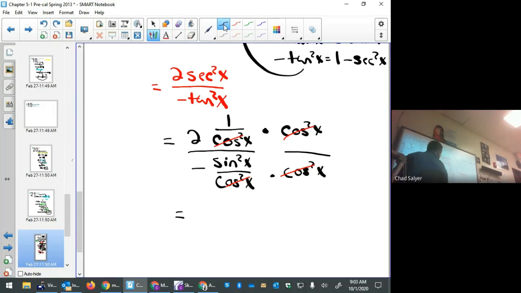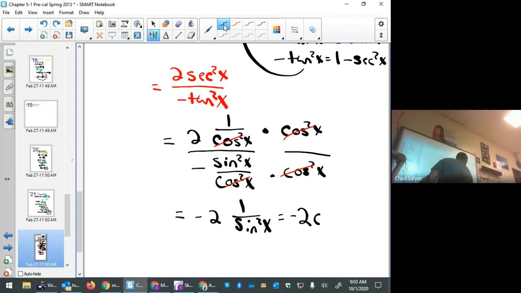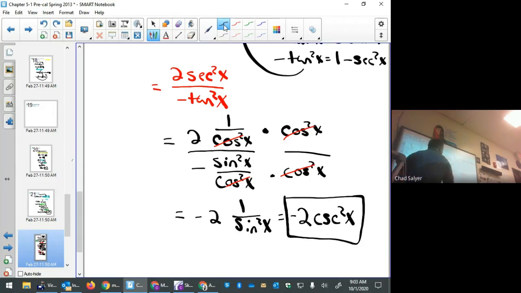So that tells me this is -2 times 1 over sine squared x, which is -2 times cosecant squared x, since 1 over the sine is the cosecant. Like so, ladies and gents. And that is chapter 5, part 1.